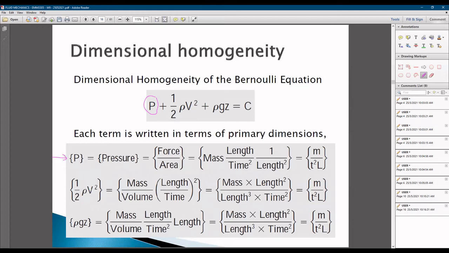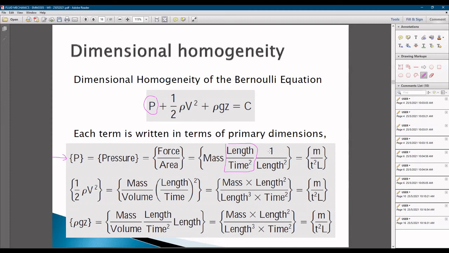Which is the pressure, and the dimension is the force over area. From the force, you can see force is actually mass times the acceleration, remember, which is length over time square.